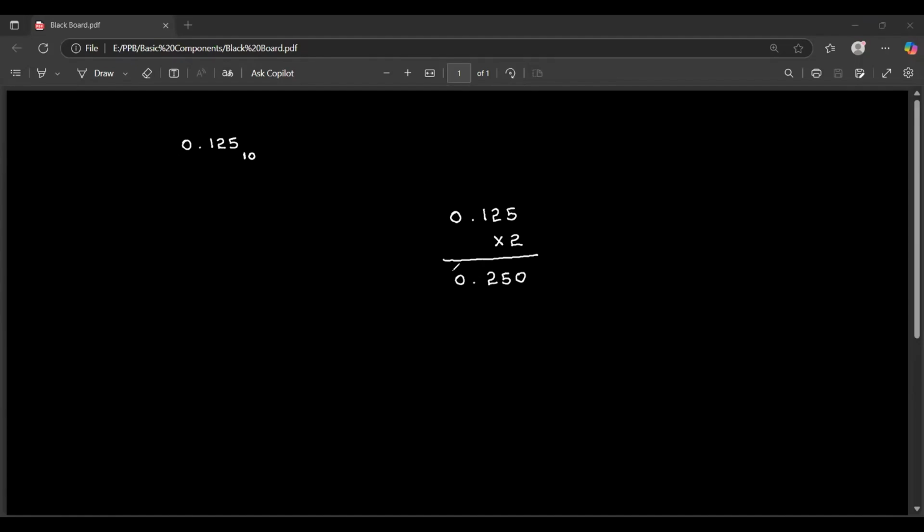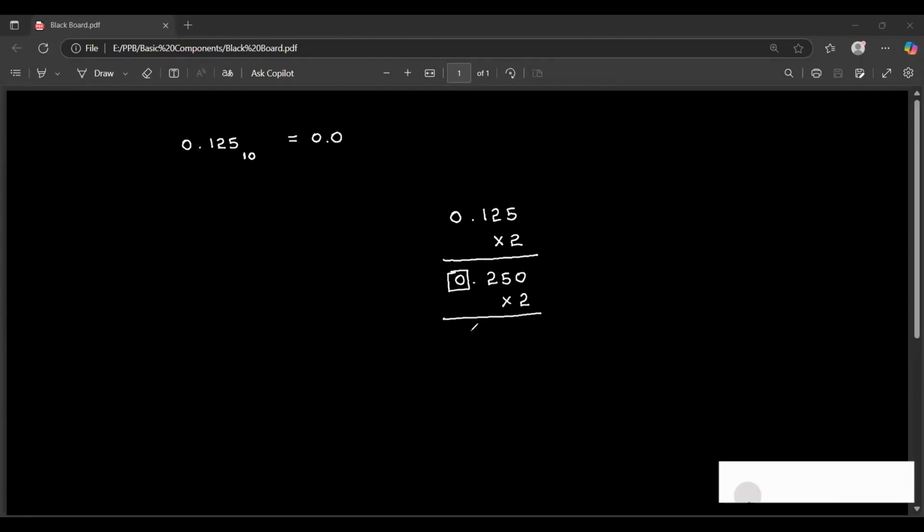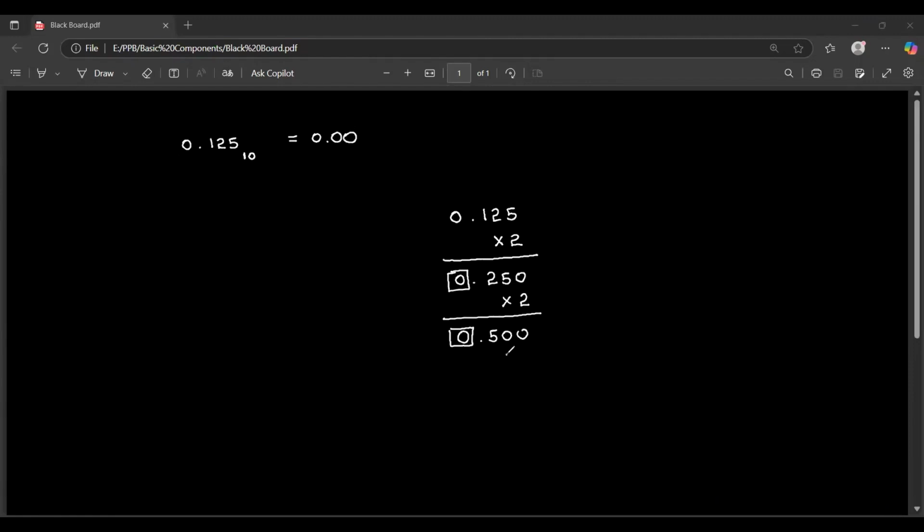What you have to do is mark this down. This 0 actually represents the first decimal point of the binary number, so it will be 0.0. Then again you multiply it by 2, so it will be equal to 0.500. Here also you have 0. Now this is the second decimal point. Now you multiply it by 2 again and you get 1.000.